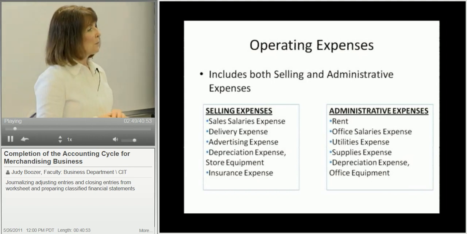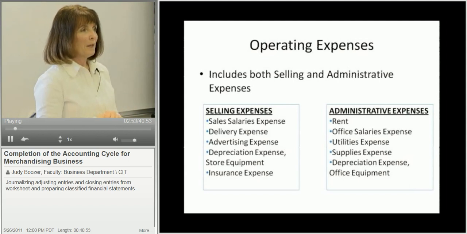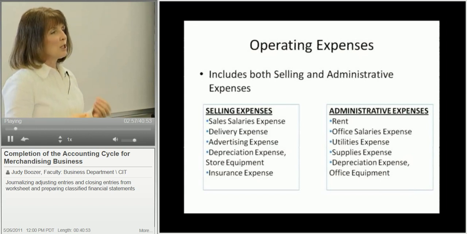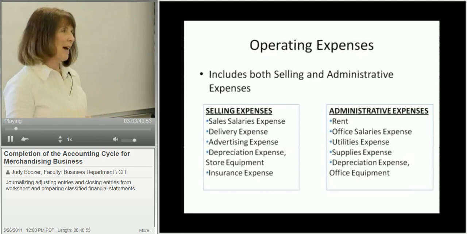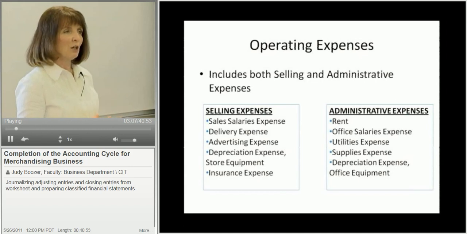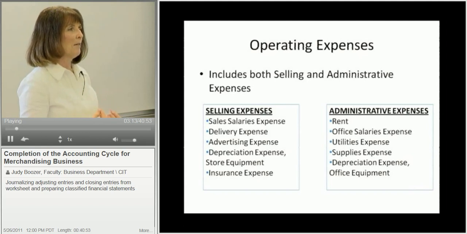First of all, there's both selling and administrative expenses. So take a look at the list here of selling expenses. Those associated with the sale of the product. So those would include the salaries, the delivery, advertising, depreciation, all of those essential to the operation of this business that sells some kind of a product.